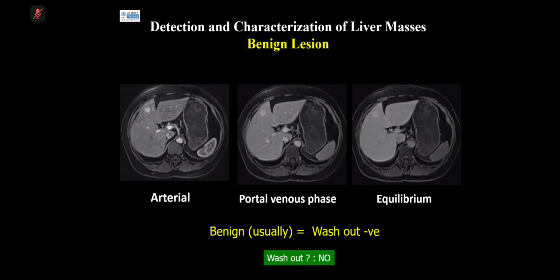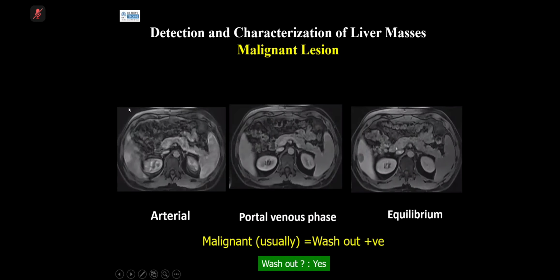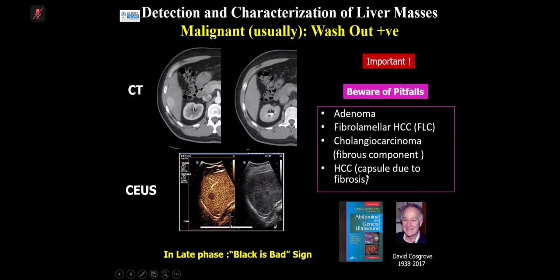But if it becomes black, darker than the parenchyma, it means washout. Look at this case, which is arterially enhancing. Here, one can argue that there might be a bit of a washout, but in a slightly delayed phase, complete washout. So this was metastasis. This is characteristic of a malignant lesion.